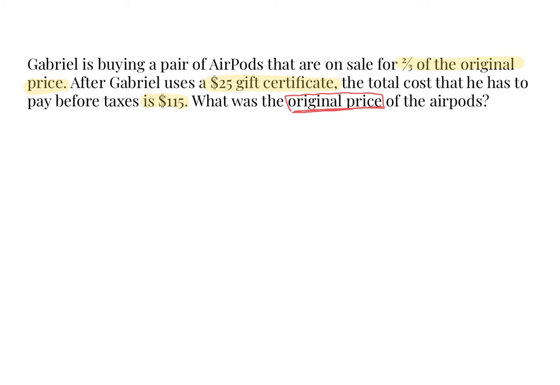If my unknown is original price, I can say that this is a variable, and I'm just going to use the letter x. And we are saying 2/3 of. Of represents multiplication. So 2/3 of my unknown.